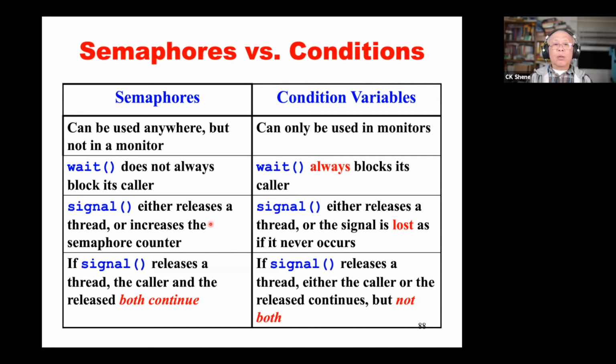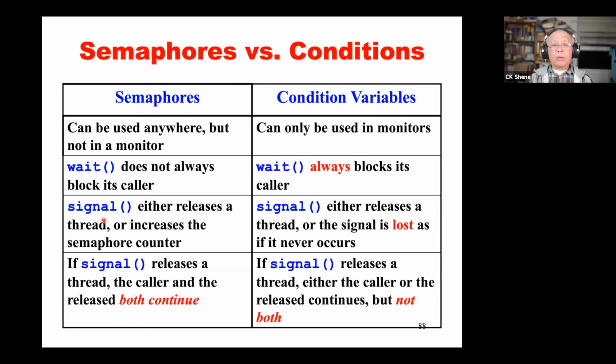Now for the signal part, when you call semaphore signal, you either release a thread or just increase the semaphore counter. Of course, whether you release a thread or not, the semaphore counter is always increased by 1. But there is an additional effect.